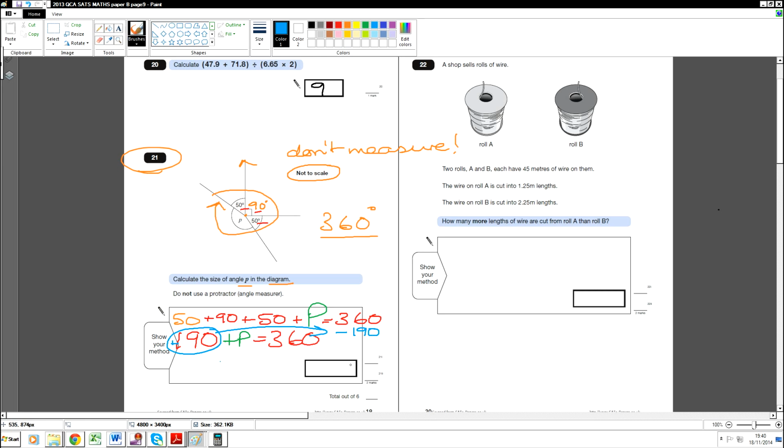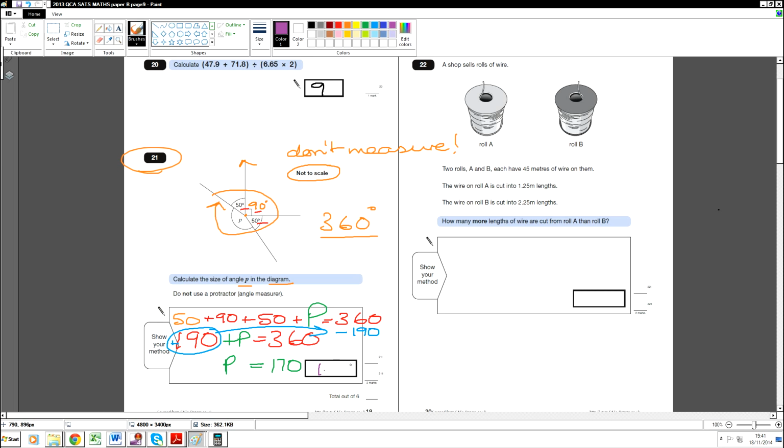So now we can say quite confidently that P will be equal to 360 minus the 190, which will give us a final answer of 170.